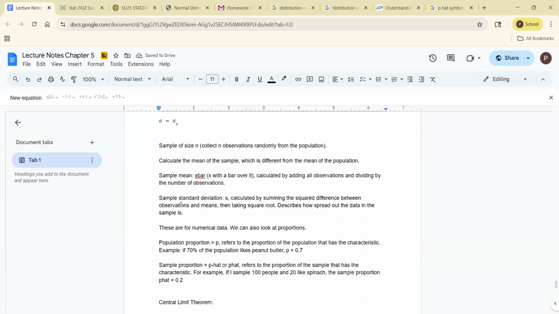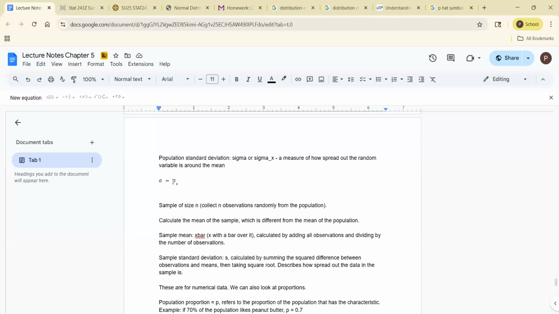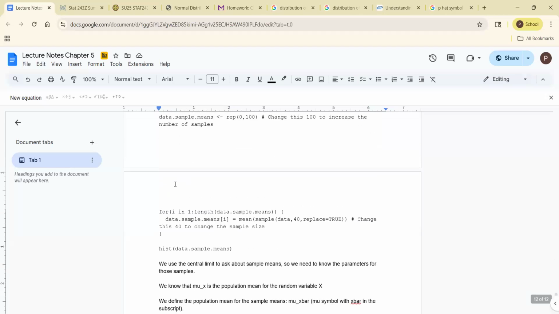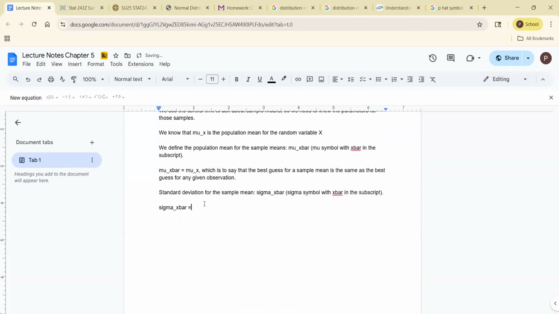It does not equal our basic standard deviation, but it's very, very close. All we have to do is take the standard deviation of our variable and divide it by the square root of the sample size. The spread of the sample means is equal to the spread of the data divided by the square root of the sample size.